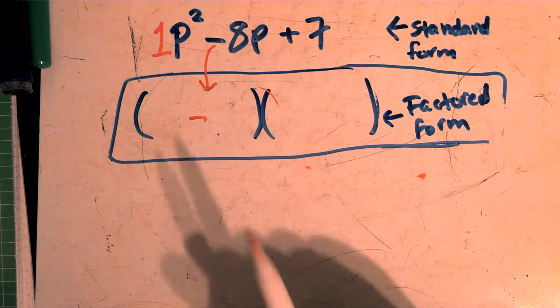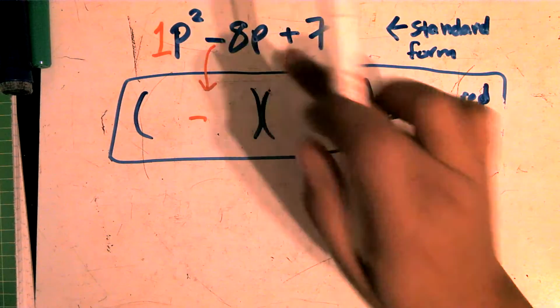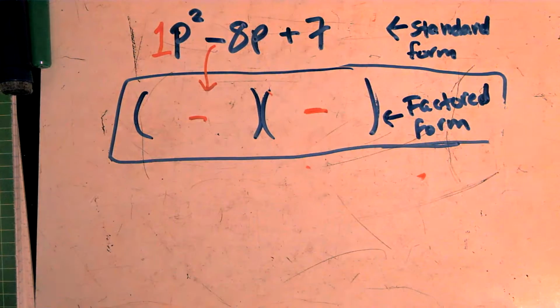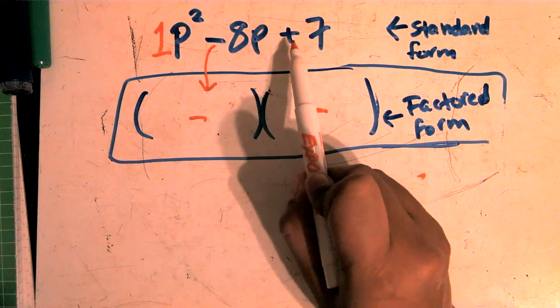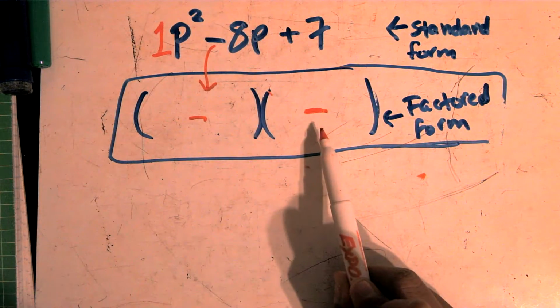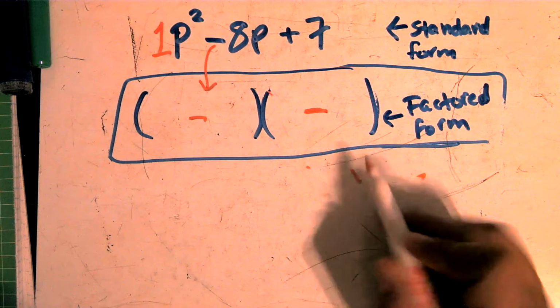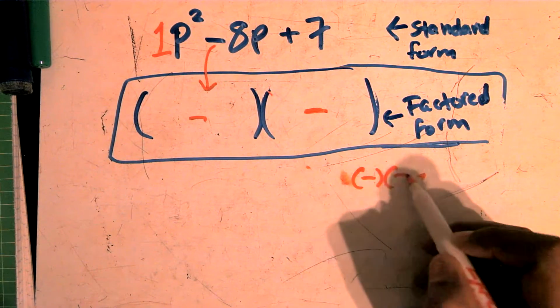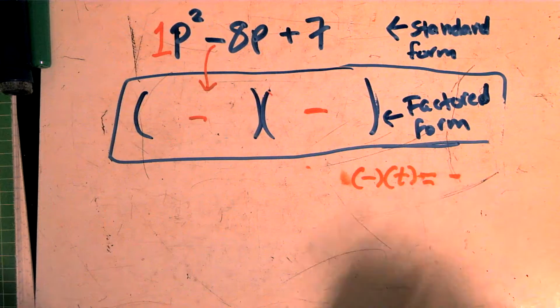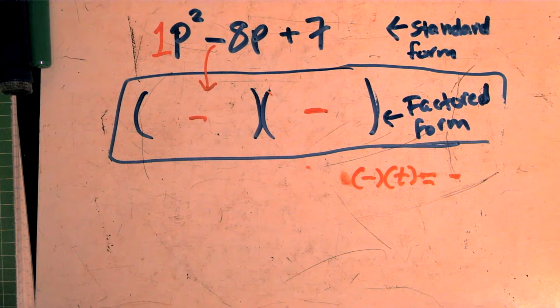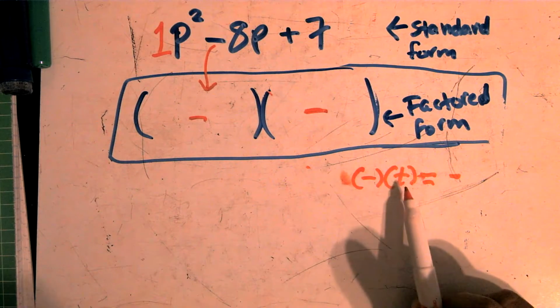Now, the second sign is going to be a negative, because negative times a positive is a negative. A negative times a positive is going to give me a negative number. You can go on your calculator if you don't believe me and pick any negative number times a positive number.